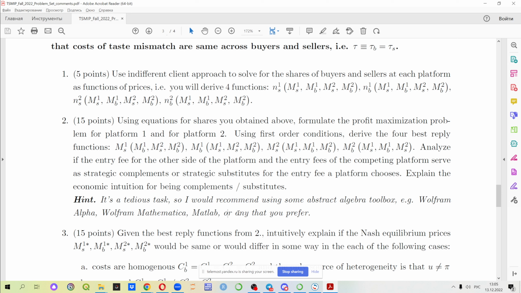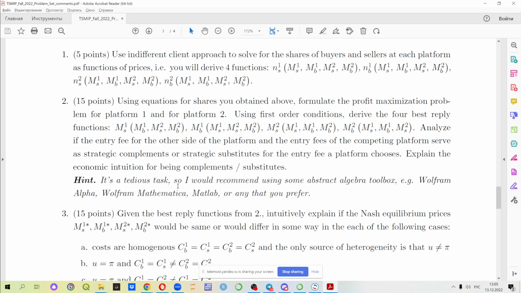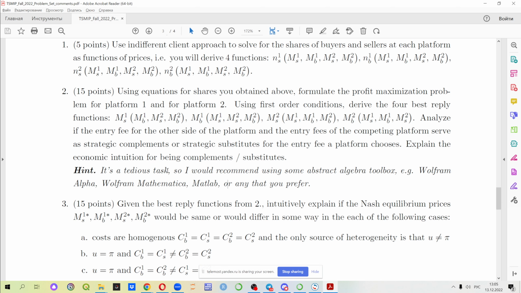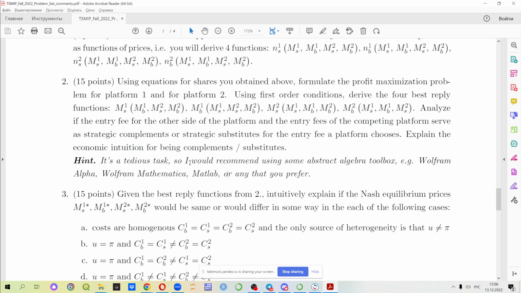So we should use it when we can? Yeah, when you cannot solve it by hand. Yes, okay.